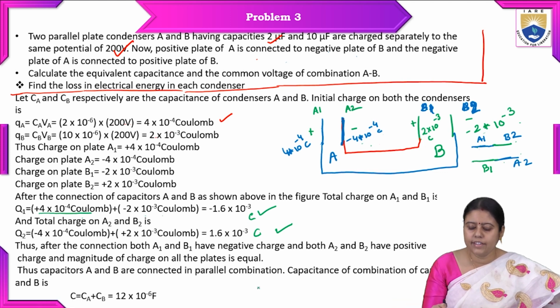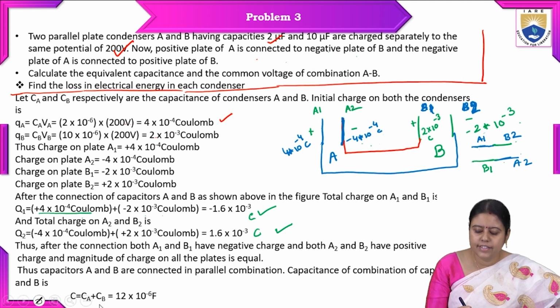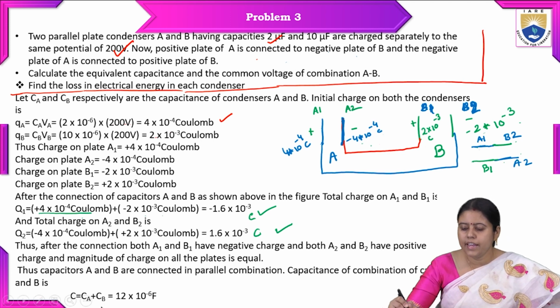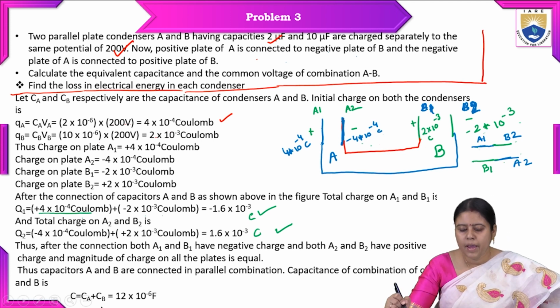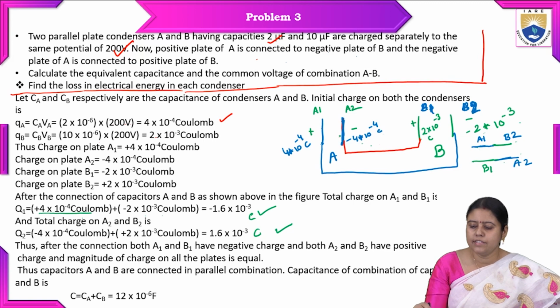So we can think that overall they are in a parallel combination. We have to calculate the equivalent capacitance here. Positive to positive, negative to negative means they are in parallel combination.